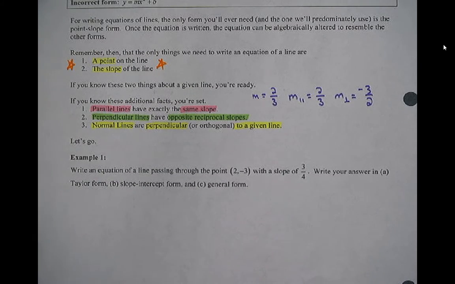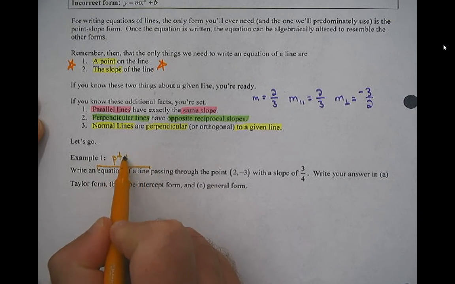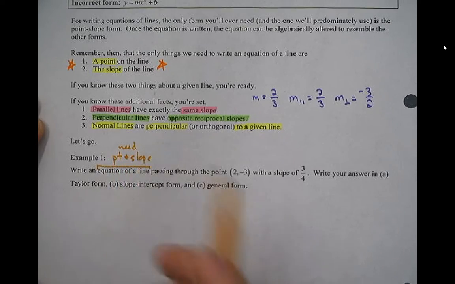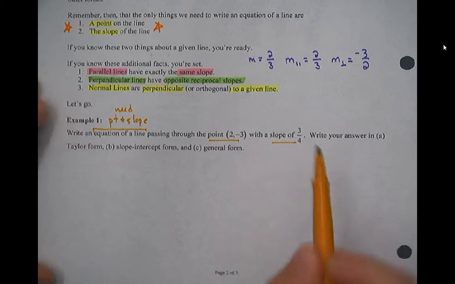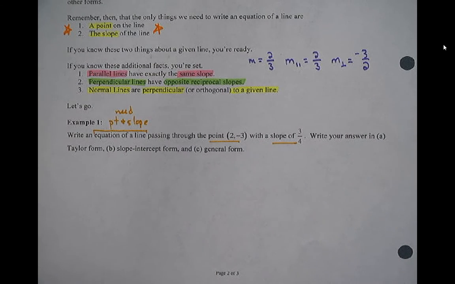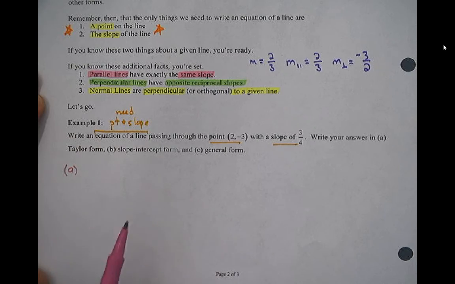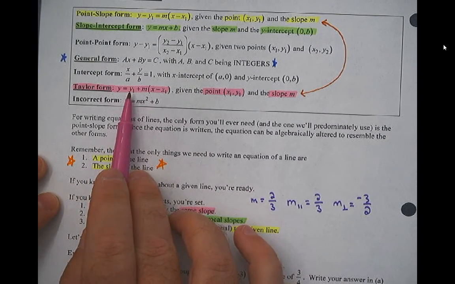So if we want to write the equation of a line, what do we need? We need a point and the slope. Every single time. Do we have that? Yep, we have the point. We have the slope. So we're good to go. So part A, they want it in Taylor form. So Taylor form is point slope form with the y1 bumped to the other side.